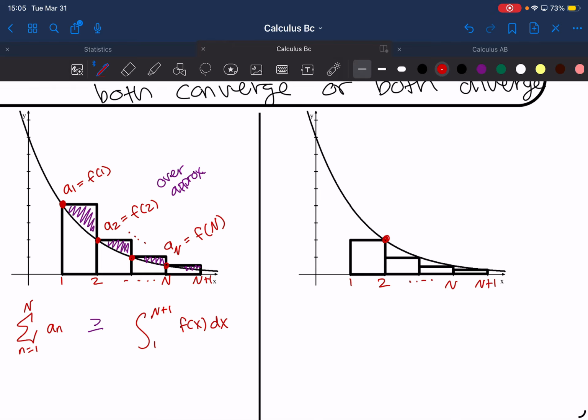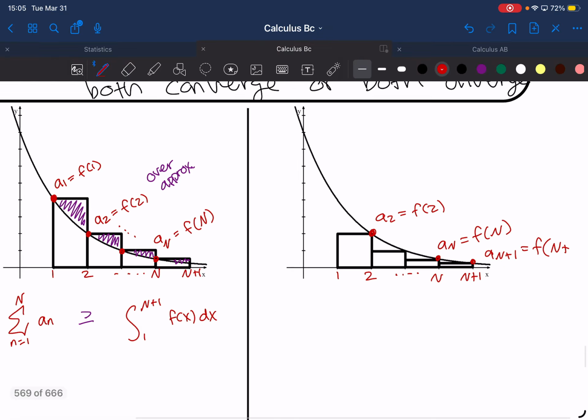I'm now starting at a sub 2. So I have a sub 2, which is f of 2, and then I'm going to have a sub n, which is f of n. And then I have a sub n plus 1, which is f of n plus 1.